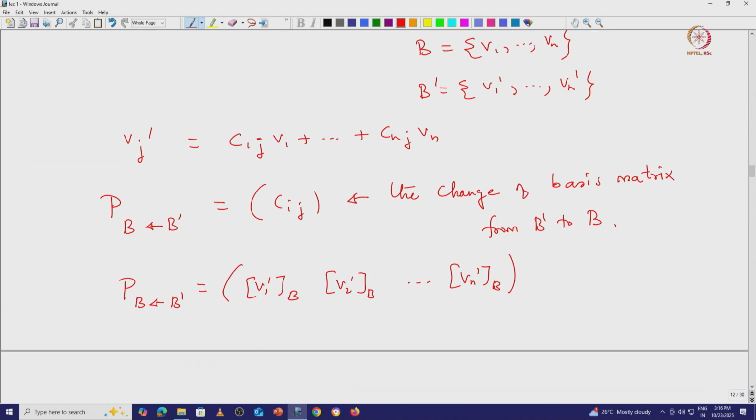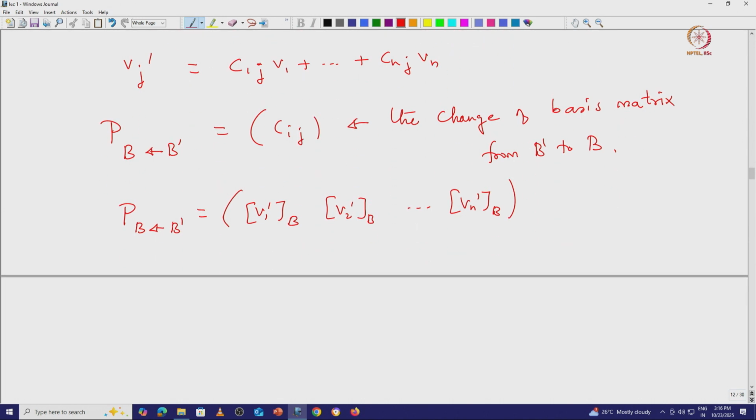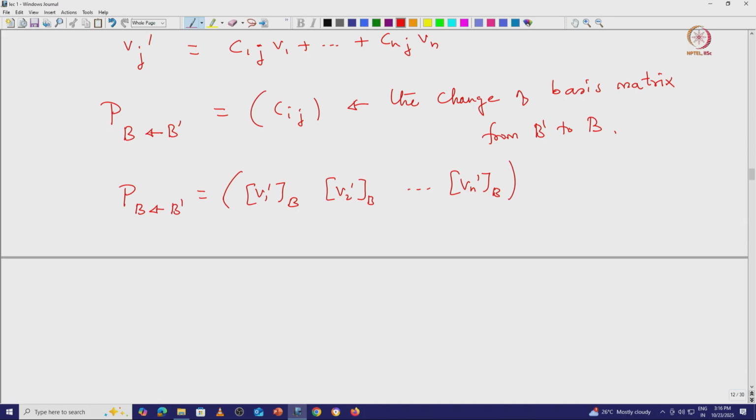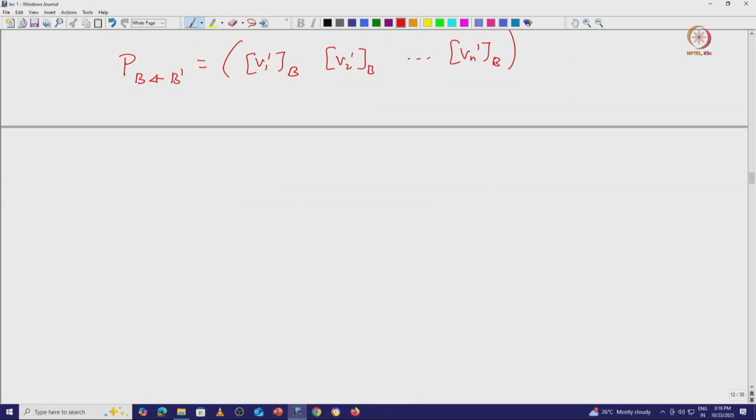Now, what is the use of this change of basis? It records how the coordinates are related. Let us try to understand how the coordinates of a given vector are related with respect to these bases.